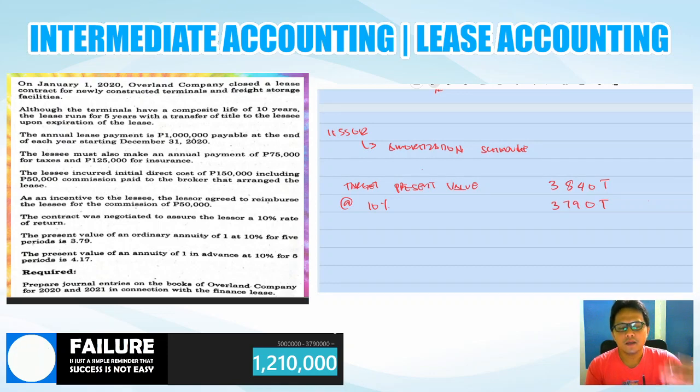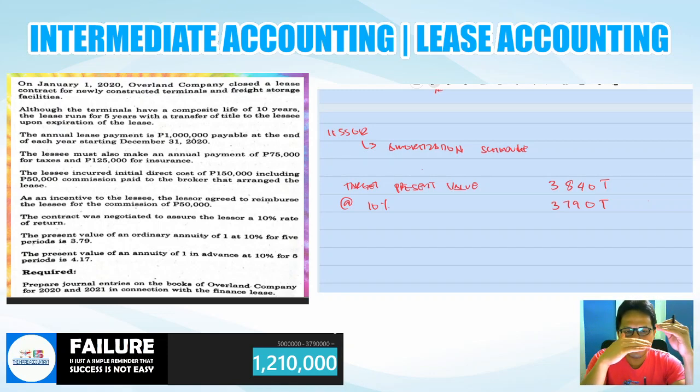It means that the effective rate or the implicit rate in this case is possibly lower. Kasi nga, diba, ang concept is the lower the interest rate is or the effective rate is, the higher is your value.